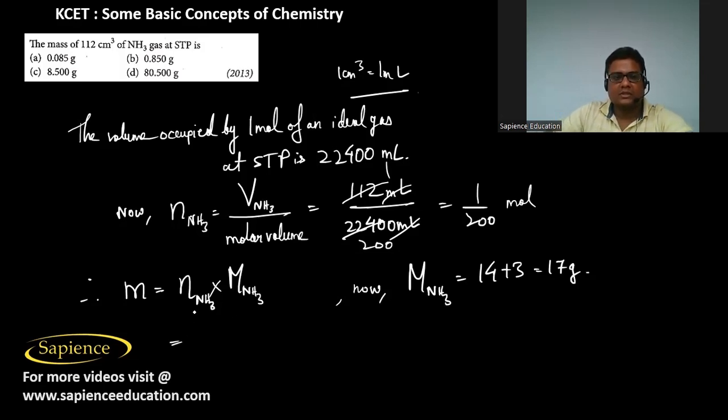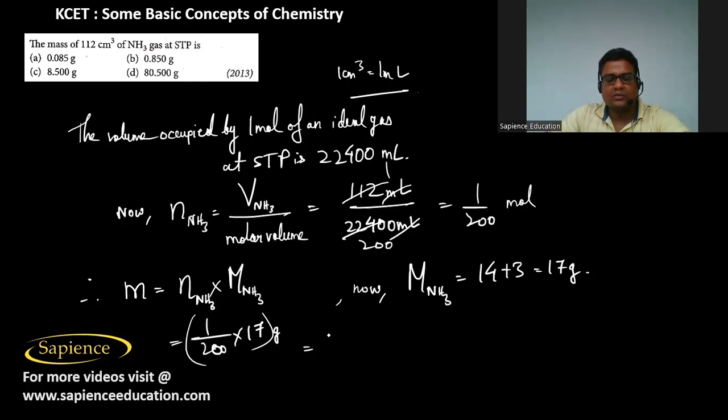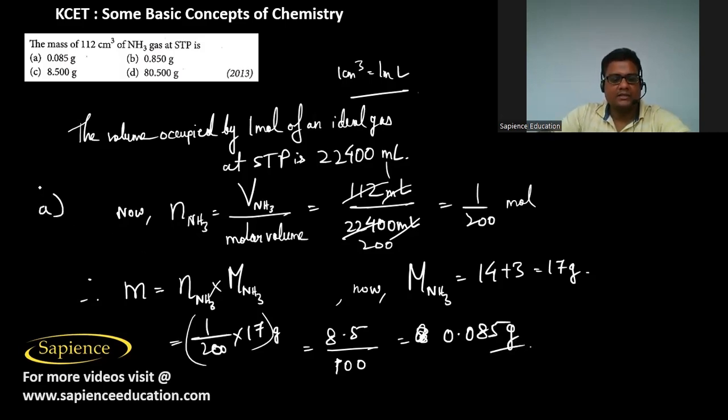So therefore, the mass of this given volume of NH3 gas at STP will be equal to 1 by 200 into 17 gram. So that will be equal to 8.5 divided by 100, so that will be 0.085 gram. So option A is the correct answer.